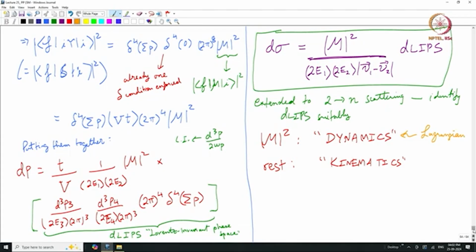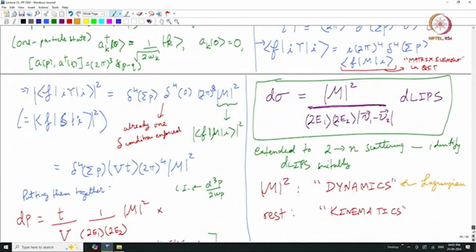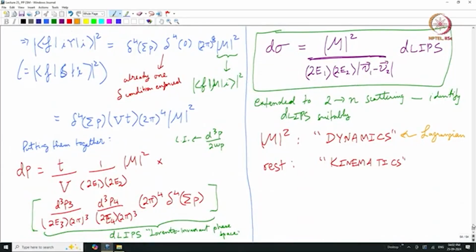That is what is going to set the transition amplitude and ultimately the cross section also. Whereas the kinematics is the kinematics: throw any 2 particles, you have to conserve energy and momentum and so on. So this is a useful way to separate out the 2 moving parts that make up the cross section.